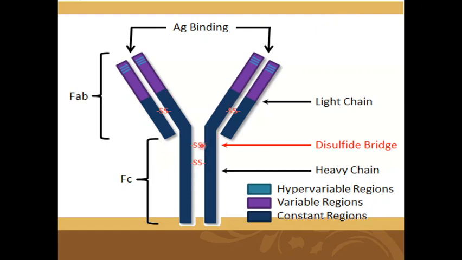And here you can see both of them are linked together by the disulfide bond. This is the constant region and this is the variable region. Purple one is the variable region. Constant region means the group or the composition remains constant here, whereas this changes from immunoglobulin to immunoglobulin.